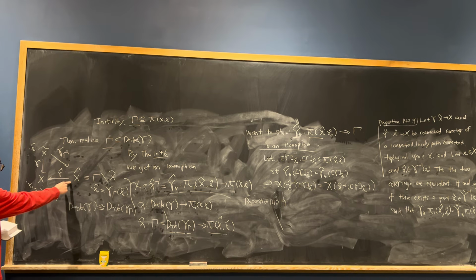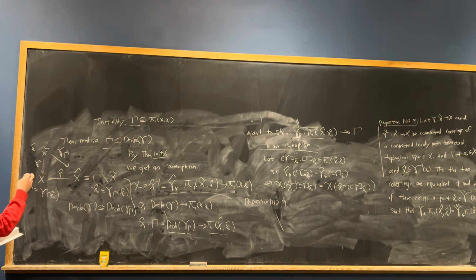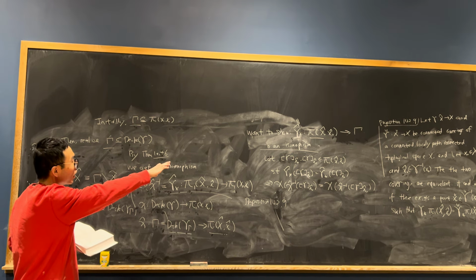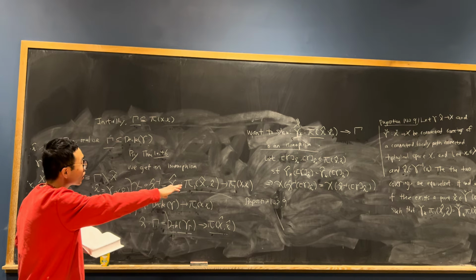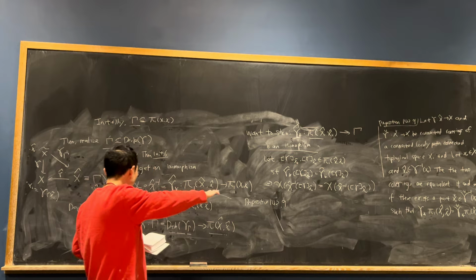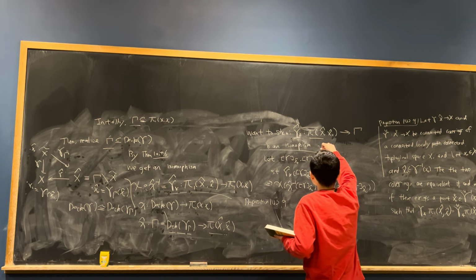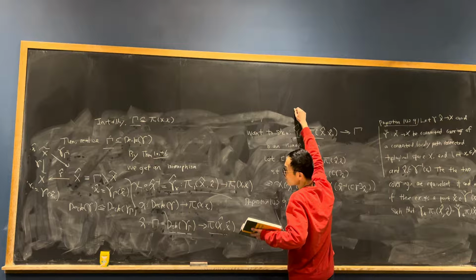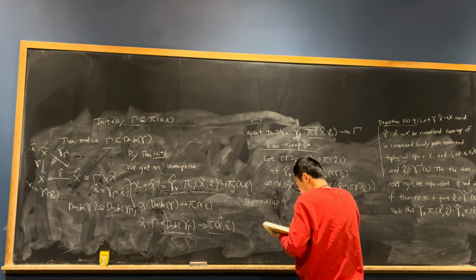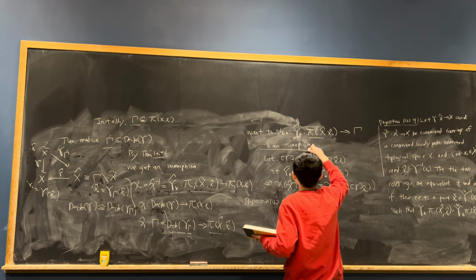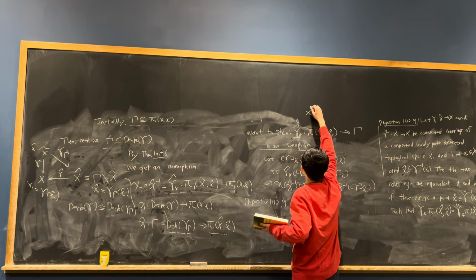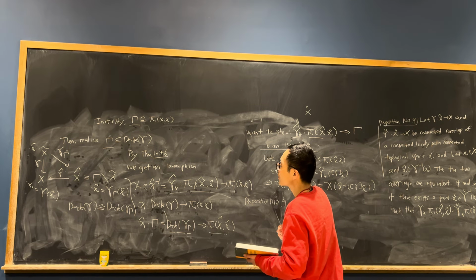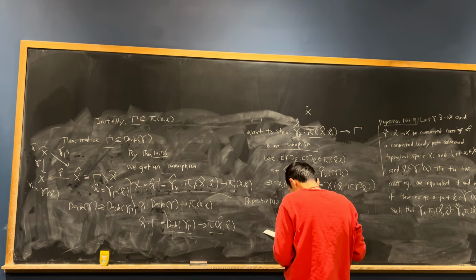The reason is that if you have another covering, then it will produce the same group, right? So let's say another covering, X check.